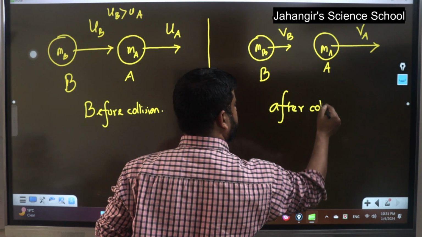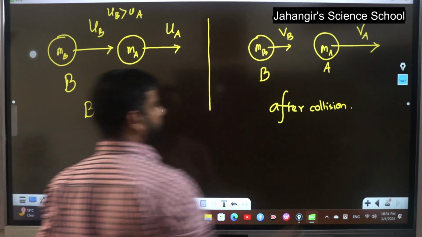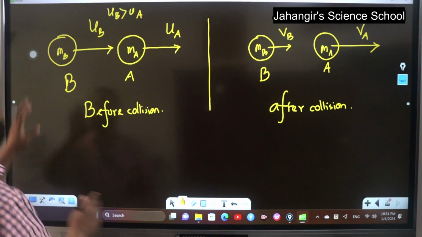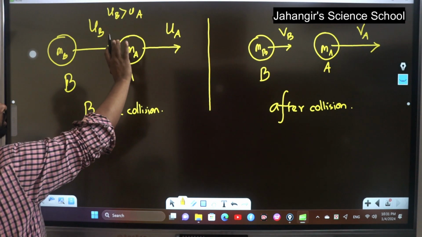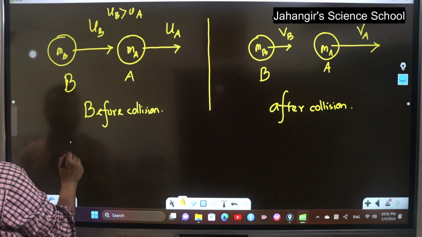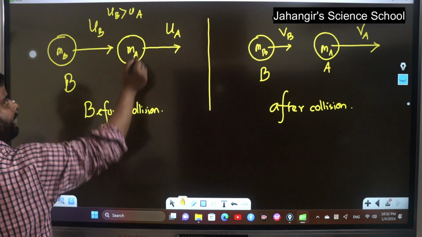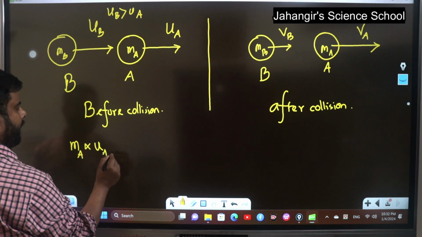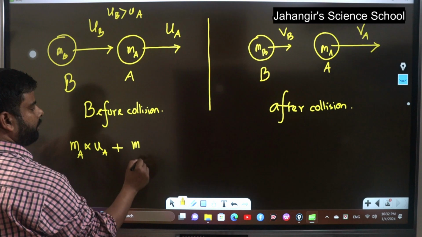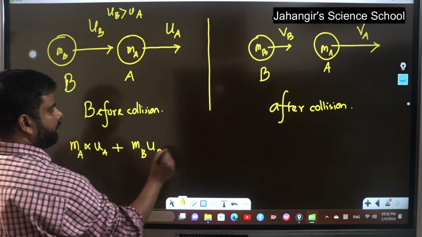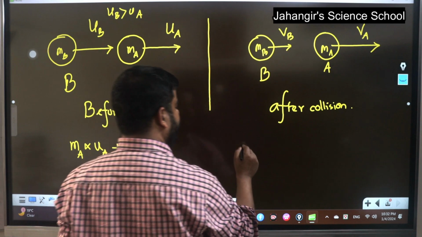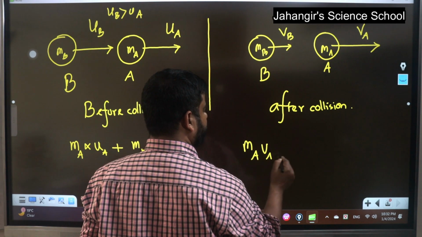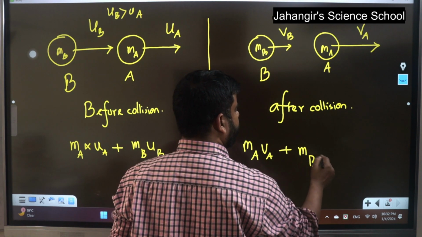According to the conservation law of momentum, total momentum before: momentum of object a, mass ma and initial velocity ua, plus mass of object b and initial velocity ub. And final momentum of object a, ma va, plus mb vb.